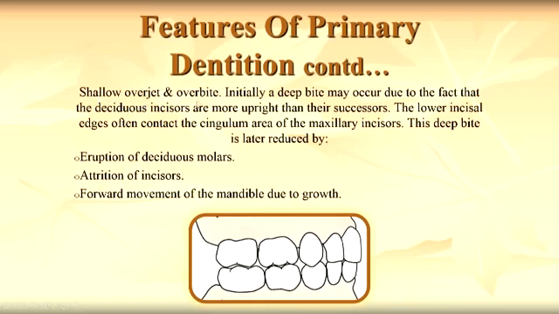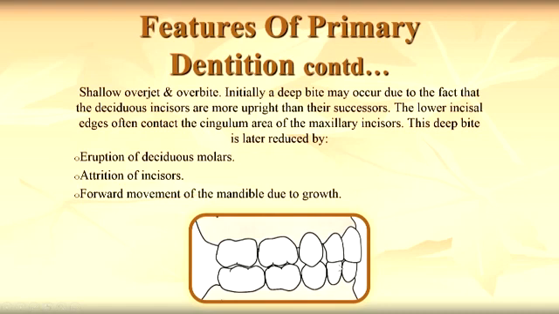Shallow overjet and overbite. Initially, a deep bite may occur due to the fact that the deciduous incisors are more upright than their successors in future.